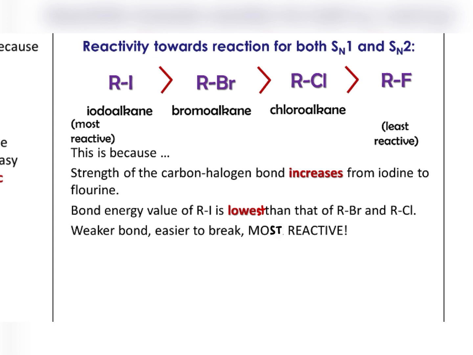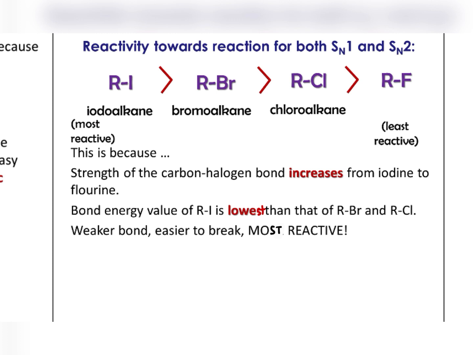Okay, now let's have a look at the reactivity for both SN1 dengan SN2 untuk haloalkane. So here are some examples of haloalkane. You have iodoalkane, bromoalkane, chloroalkane, and fluoroalkane with fluorine. And you can see that these are arranged according to the reactivity. Okay, so this side adalah the most reactive. Okay, why kita cakap iodoalkane is the most reactive compared to others?